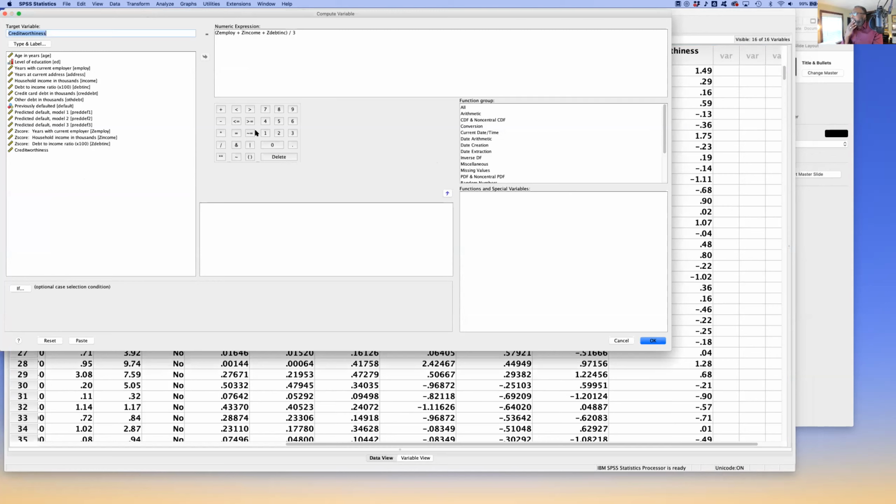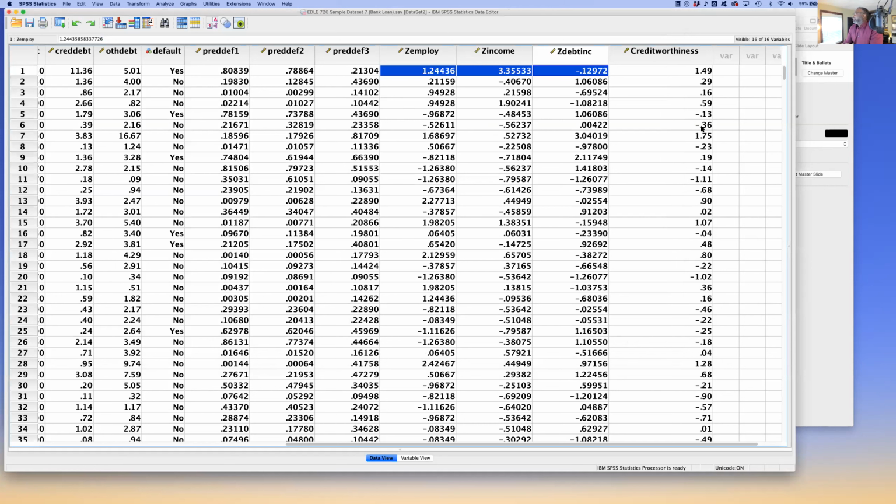Okay. And let me know if that kicks out. I guess it'll let you overwrite it. Yeah, it surely did. Perfect. Okay, great. Now, let's pick out another creditworthiness.